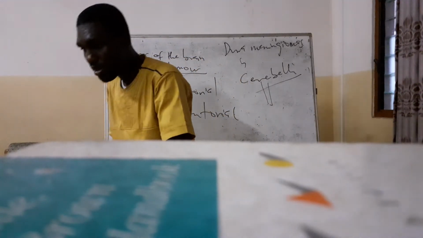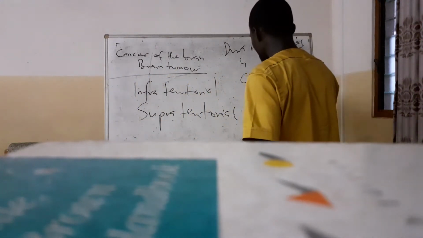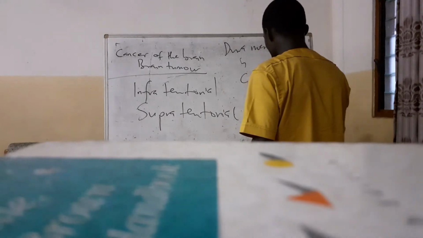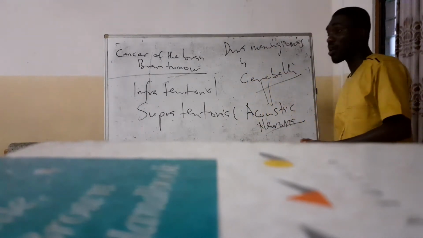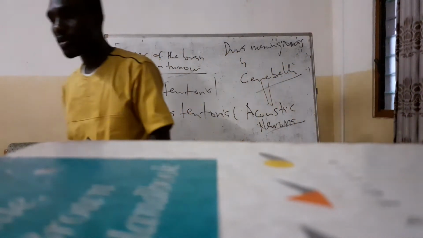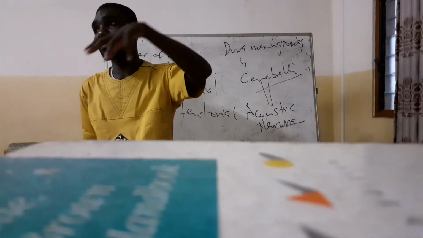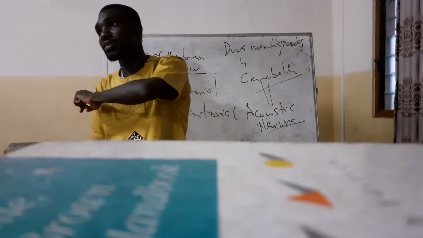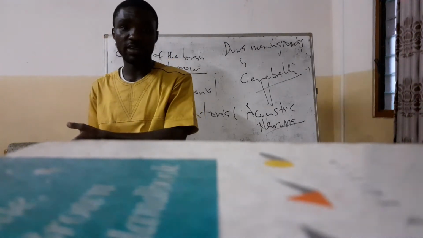And then we have acoustic neuroma. It's another type of brain cancer. It's cancer of the cranial nerves. We have the central nervous system and the peripheral nervous system.